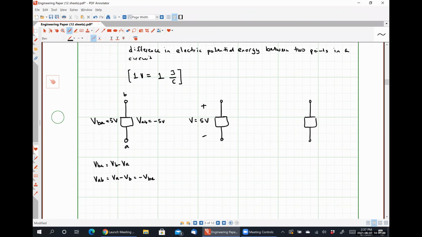If we were to change the polarity, our new voltage would be considered the negative of our original voltage, okay? So this 5 volts on the left-hand side with positive polarity on top is exactly identical to the negative 5 volts that we have on the right-hand side with positive polarity on bottom.